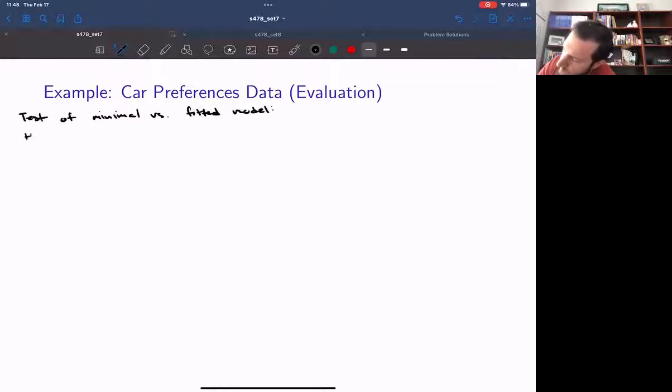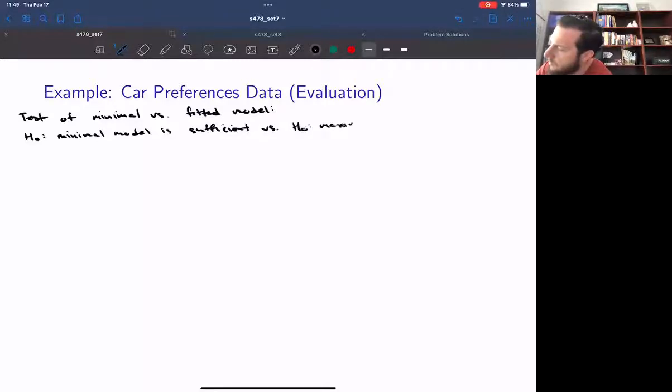We have H0, minimal model is sufficient versus HA, maximal model is required.